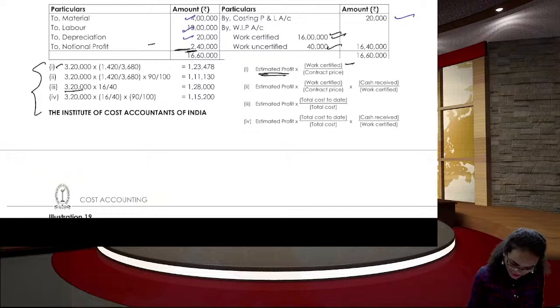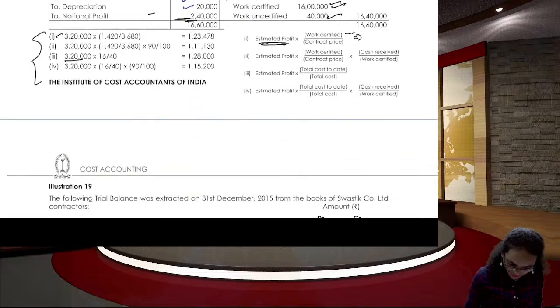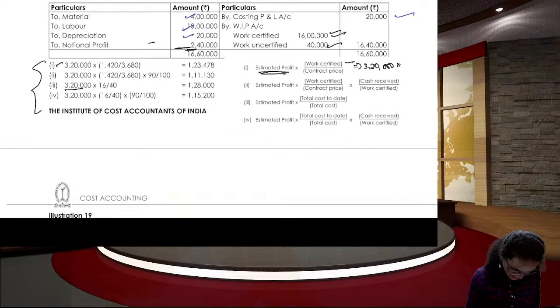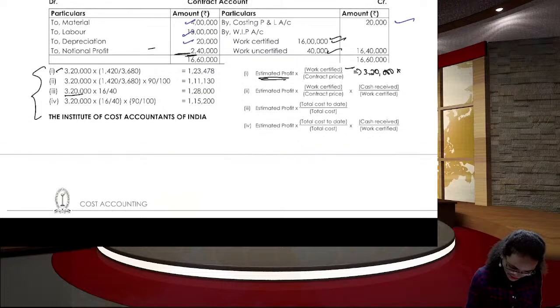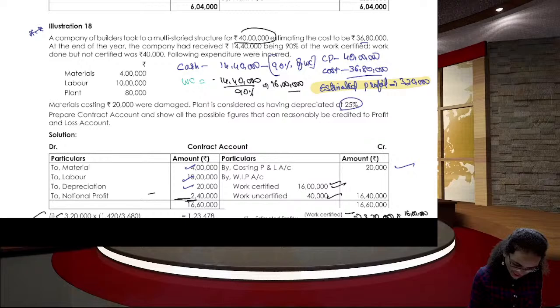Work certified is 16 lakhs. See, first one here only I'll write: estimated profit 3,20,000 into work certified. Work certified is 16 lakhs, and contract price is 40 lakhs.